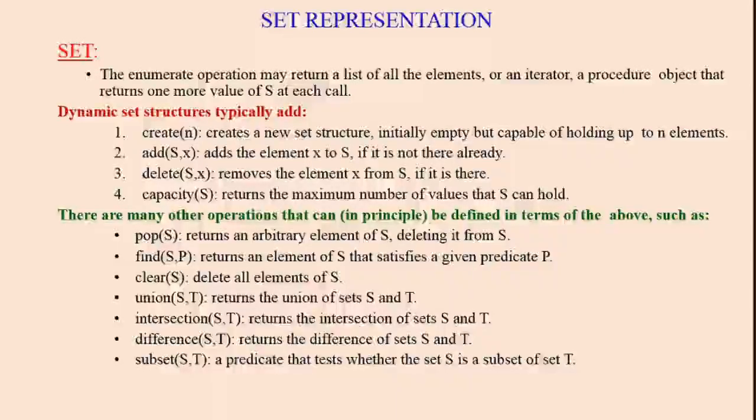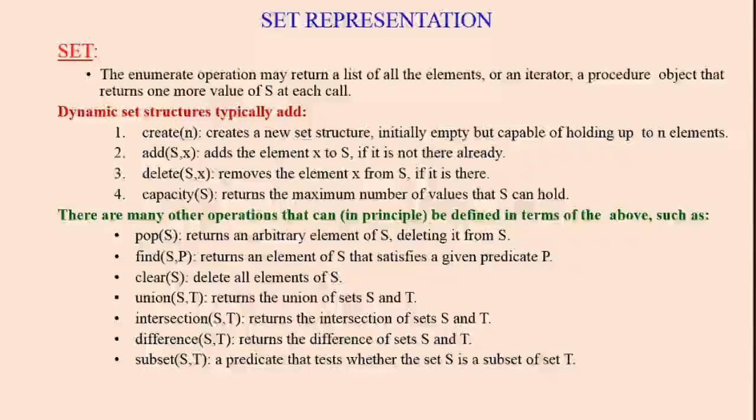This will add the element x to S if it is not there already. The third one is delete of S comma x. It removes the element x from S if it is there. The fourth one is capacity of S. This will return the maximum number of values that S can hold.